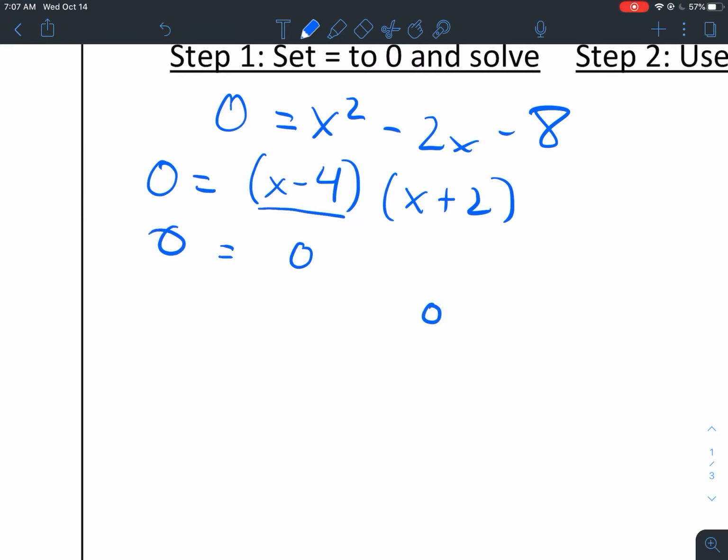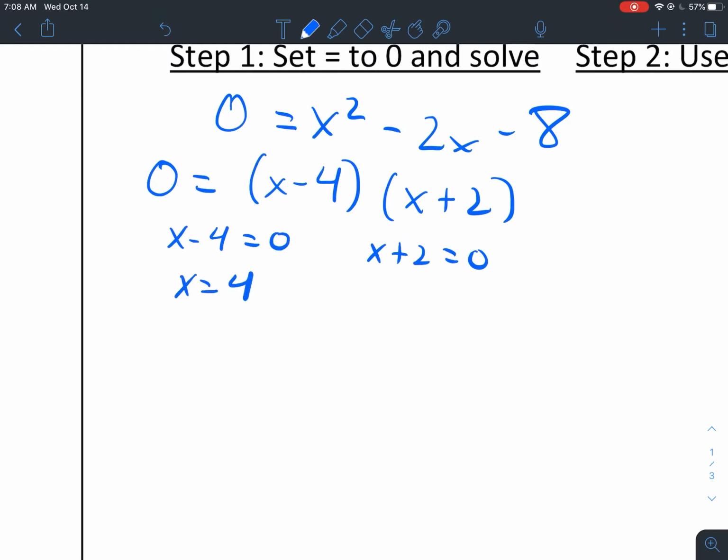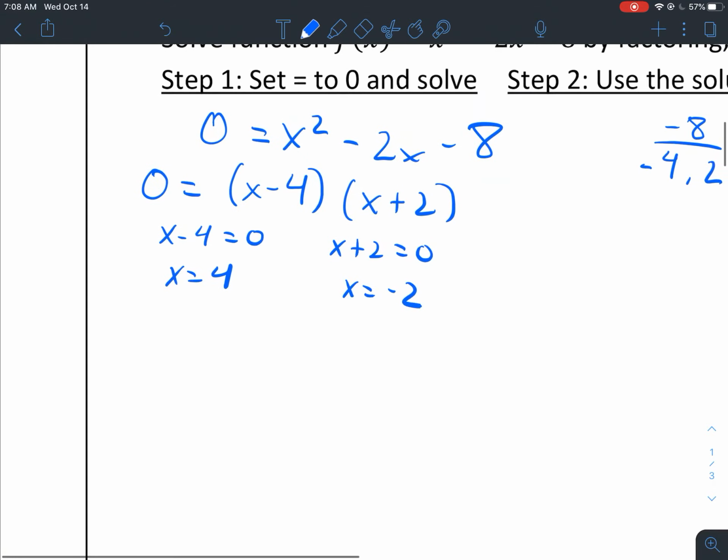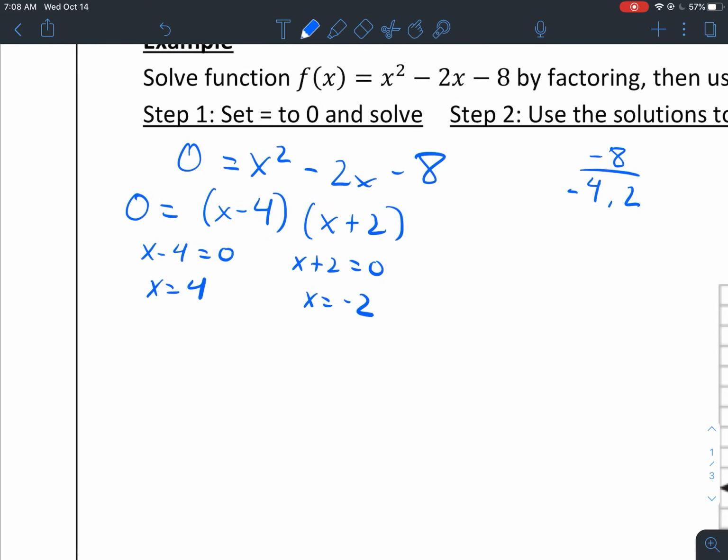Or if this binomial equals 0, that means that the function is going to equal 0. So we're going to set each of these binomials equal to 0. So we get x minus 4 equals 0 and x plus 2 equals 0. Then we get x equals 4 and x equals negative 2. So these are the two solutions to the quadratic function.